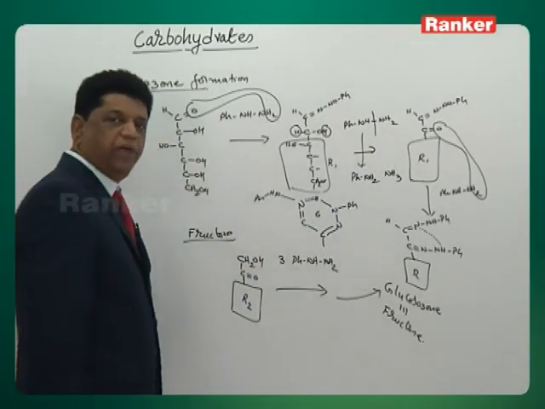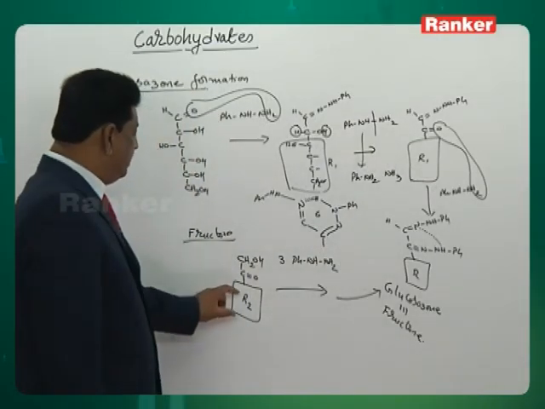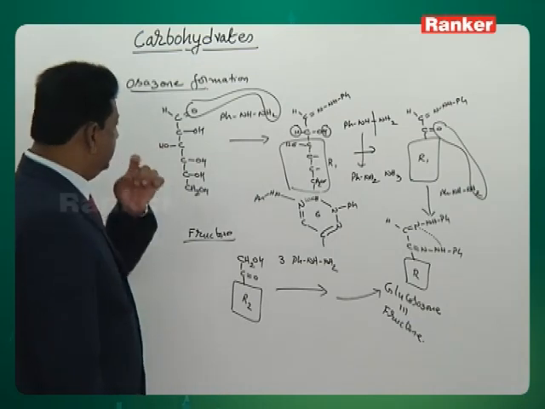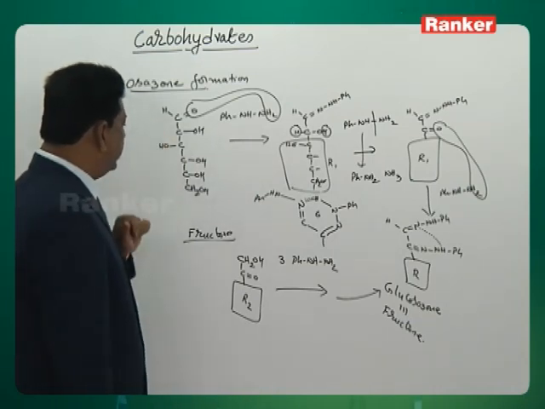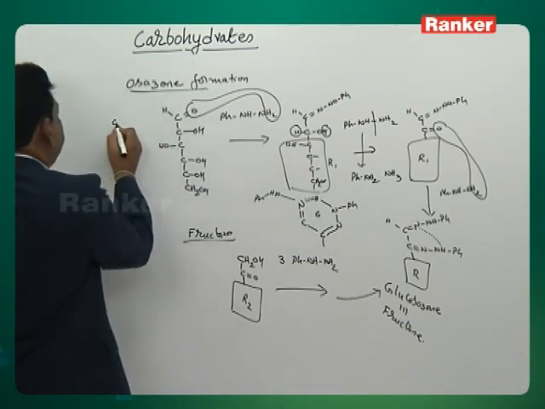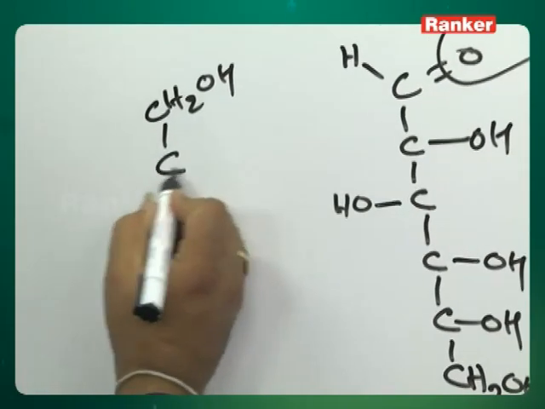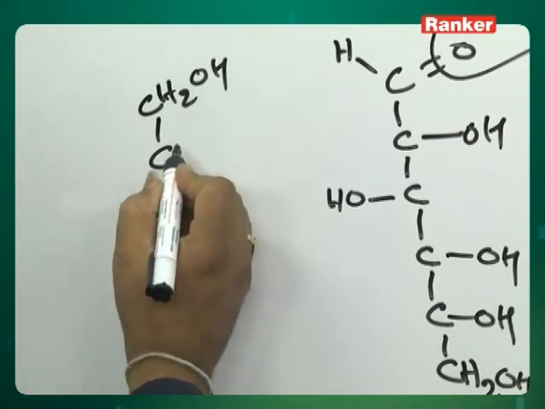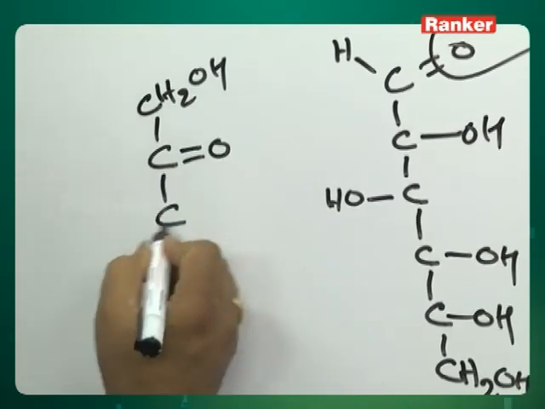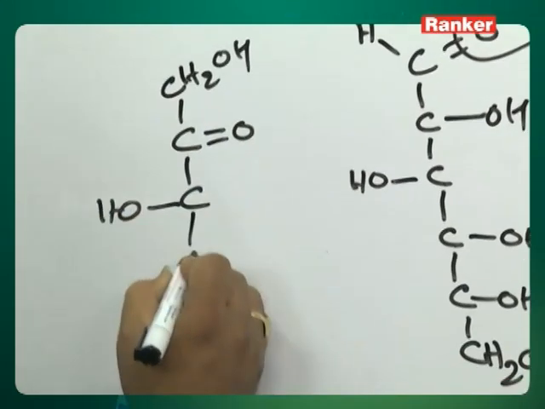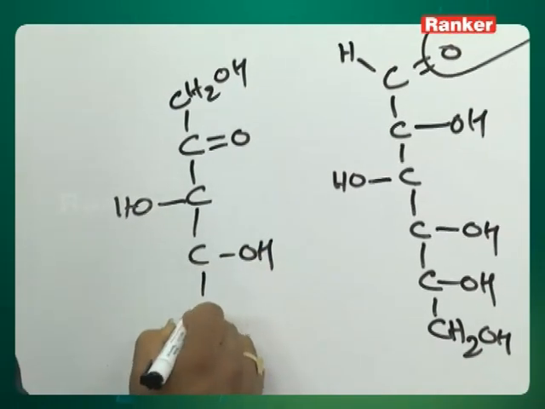So, what point are we proving here? It means the symmetry at the second and third carbons in fructose, this is glucose, isn't it? In the fructose, the second carbon is ketone, the third one is OH, the fourth one is OH, the fifth one is OH.